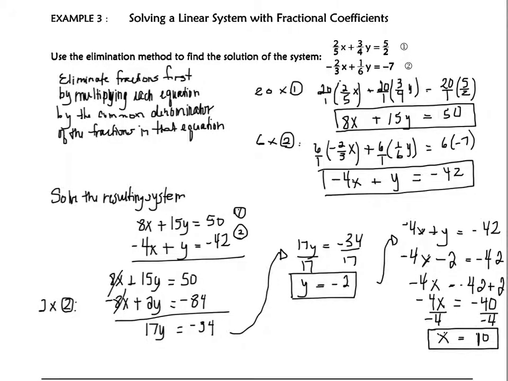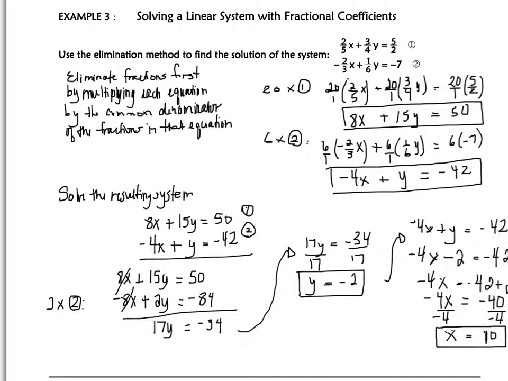So if we check 10, 2/5 of 10 is 20 over 5, which is 4. And 3/4 of -2 would be -6 over 4, which reduces to -3 over 2. So 4, if you put that over a common denominator of 2, would be 8 over 2, minus 3 over 2 is 5 over 2, so it does work in the first equation.